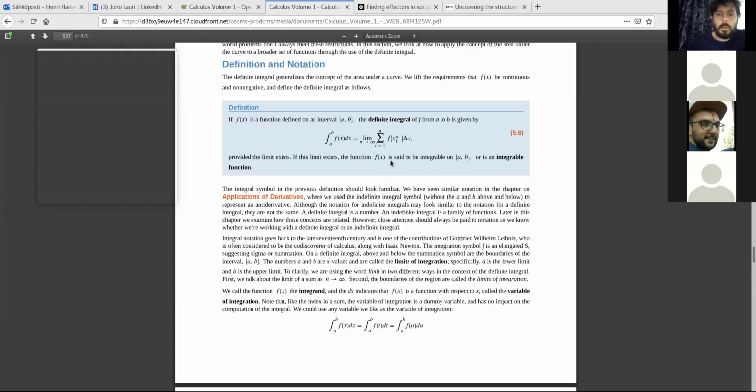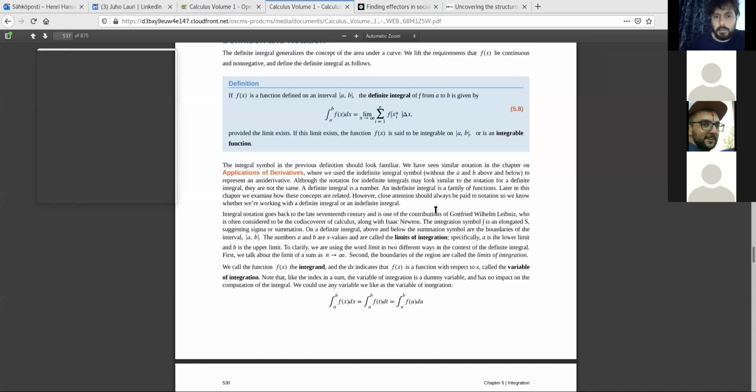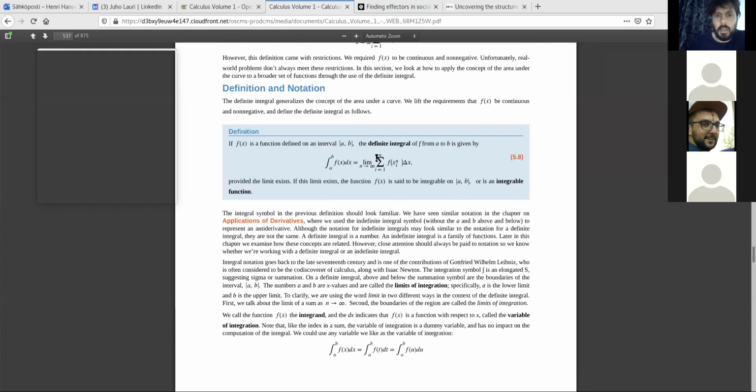So if this limit exists, f(x) is said to be integrable on the interval [a, b]. It's an integrable function. So this f(x) dx, this dx comes from this delta x here, and this delta x here is approaching 0.